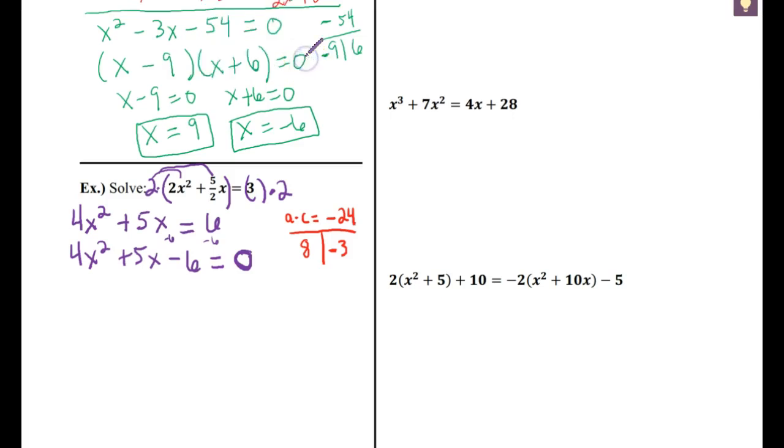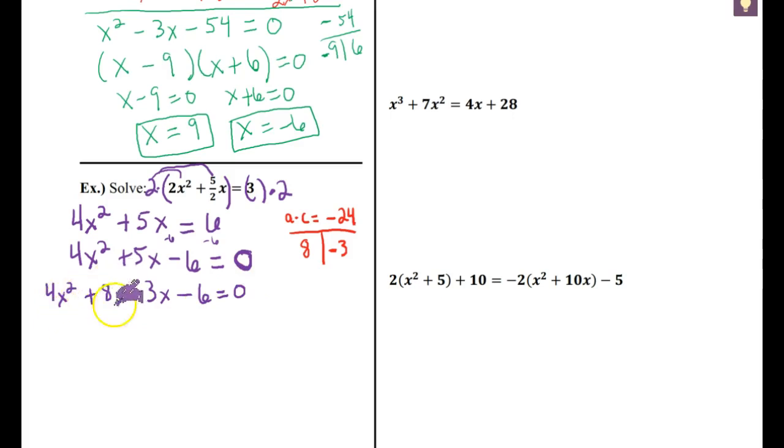I pay attention that this front coefficient is not 1, so I'm going to rewrite it as 4x squared, so the first one stays the same, and instead of 5x, I'm going to write 8x minus 3x. Right? So 5 is the same thing as 8 minus 3. And then the last one stays the same.